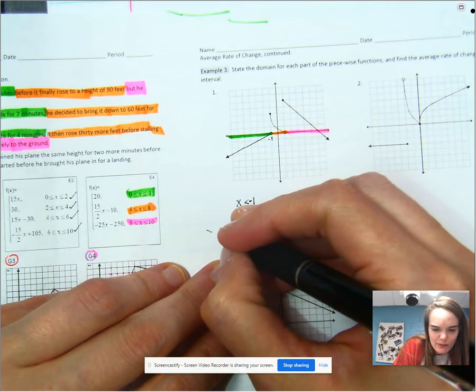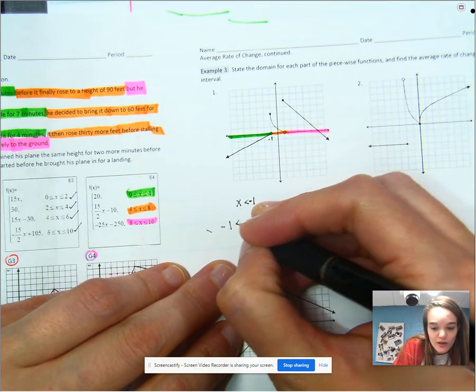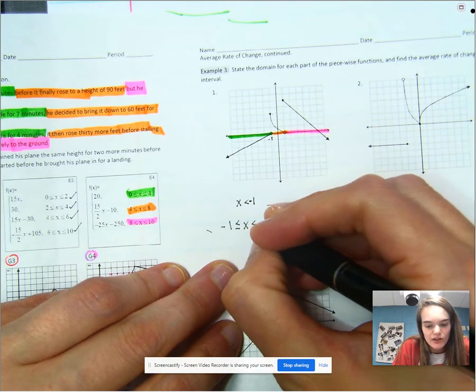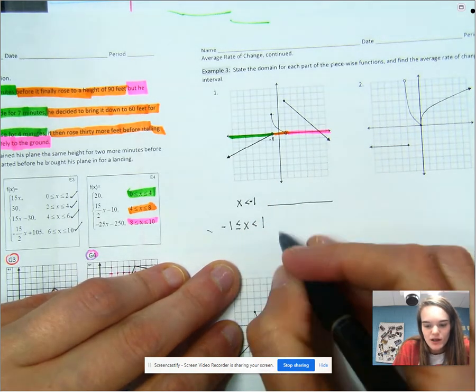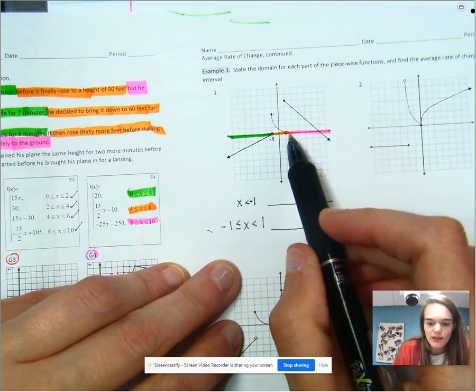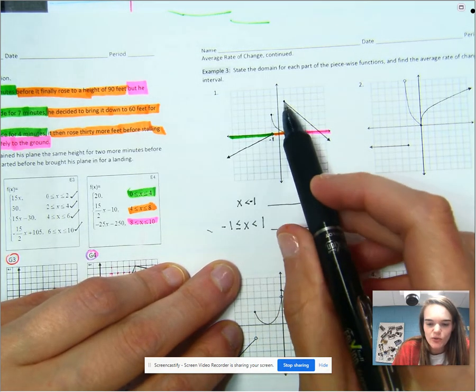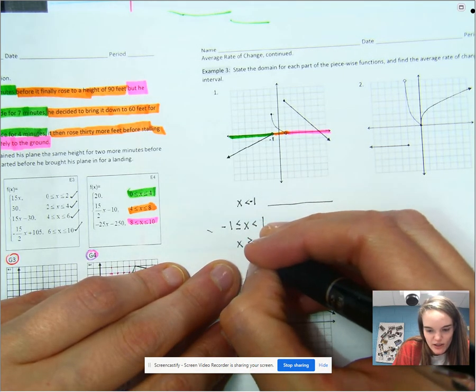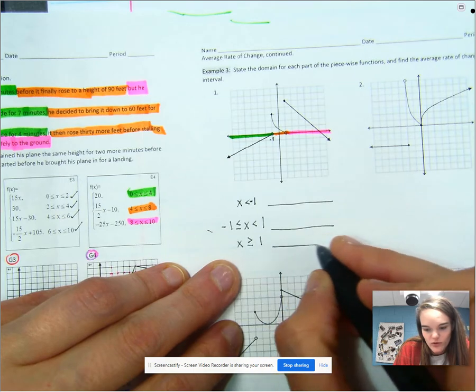And remember to write that, we write negative 1 is less than or equal to, because it's a closed circle, x, which is less than positive 1. We'll come back and find the average rate of change. Right? Then the values that are greater than or equal to 1, because it is closed.